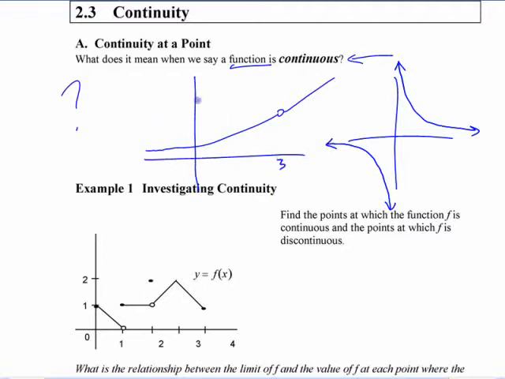This one is not continuous at x equals 3. It's got a discontinuity at x equals 3. This one has a discontinuity at x equals 0, not continuous at x equals 0. Those are two different types of discontinuities.